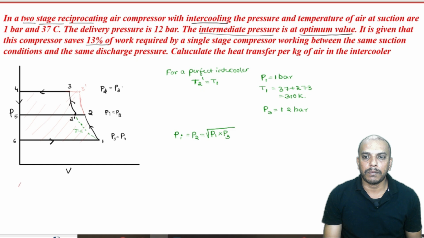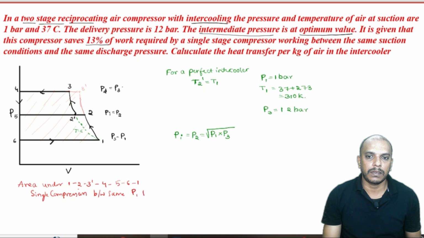So, remember that is also the need for multi compression can be defined here. So, area under 1, 2, 3 dash, 4, 5, 6, 1. So, this is actually single compression between same suction pressure P1 and P3. Had we done that, this much will be more. I mean, the hatched line, that much will be extra, correct?